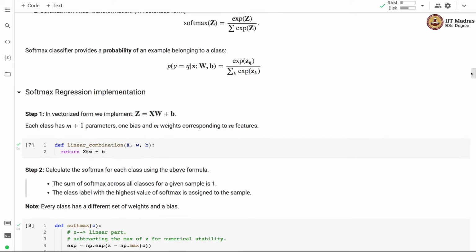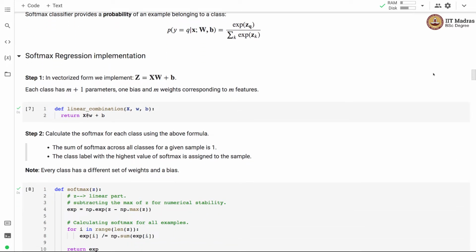Let us implement softmax regression. The vectorized form can be implemented simply as z equal to x times w plus b. Each class has m plus 1 parameters, that is 1 bias and m weights corresponding to m features.